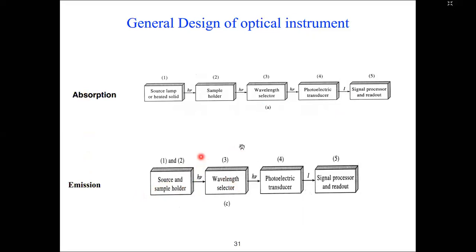There you select the H mu which you want to detect, goes into the photoelectric transducer, gets converted into the electric information, which is current, and the signal processor amplifies the current and gives us the information in non-electrical information format. Okay, so these are the general design.